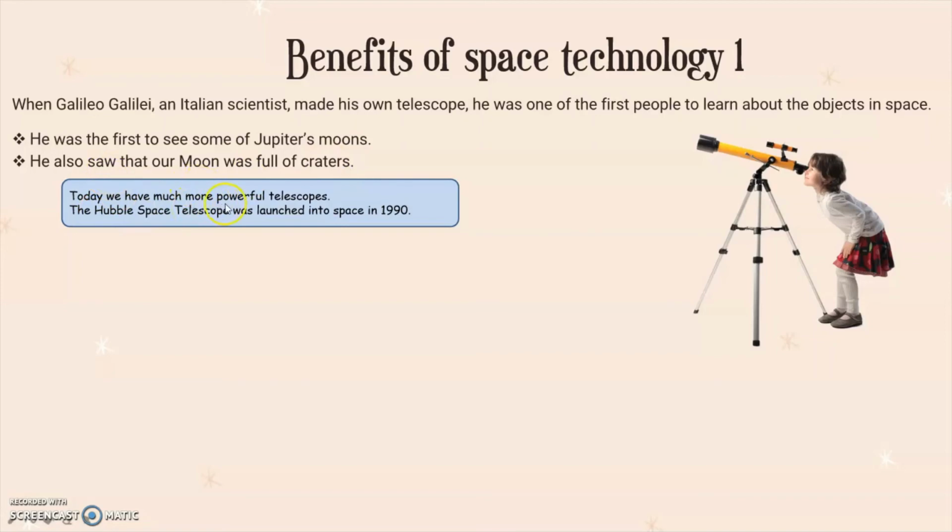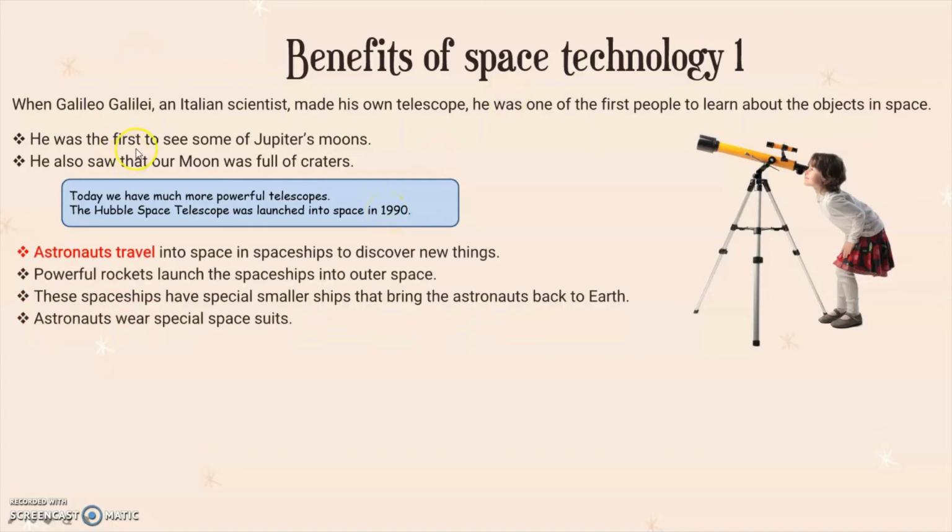Today, we have much more powerful telescopes. The Hubble Space Telescope was launched into space in 1992. The astronauts travel into space in spaceships to discover new things in outer space.